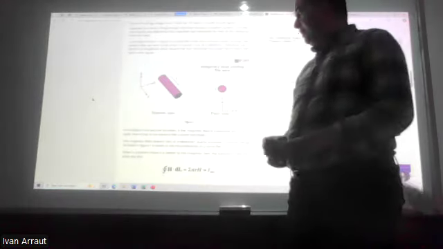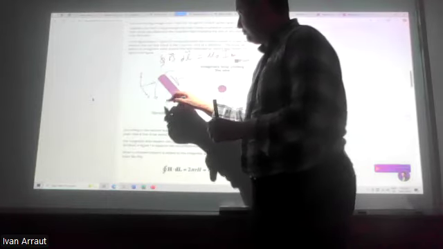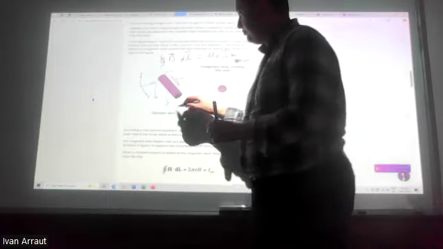But what is this line of integration? Let's assume this current is flowing in this direction. So naturally, the magnetic field will surround the cable. It will be like this, the magnetic field direction.